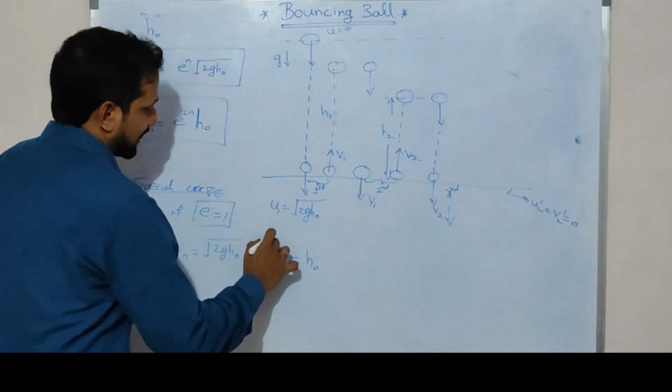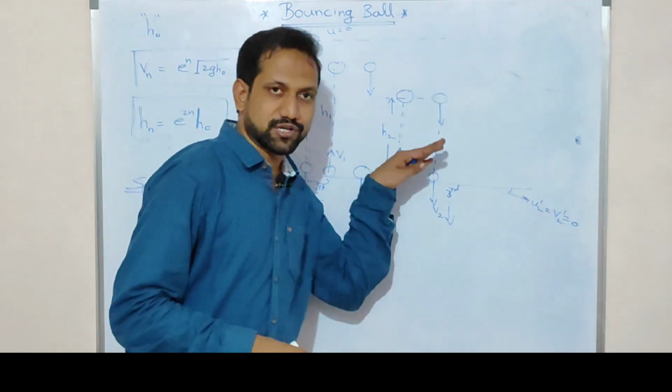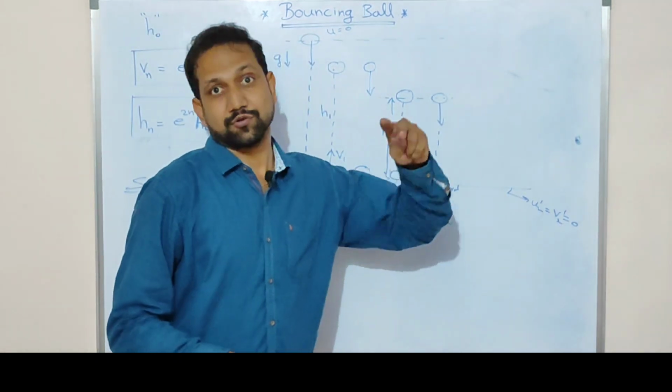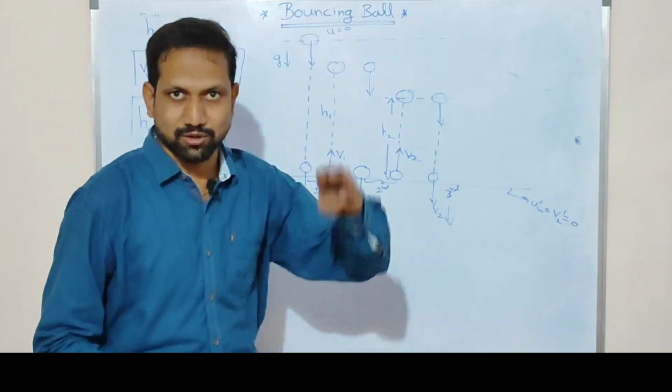So if the collision is elastic, then each time it bounces from the floor, it will attain the same speed, and every time it will go to the same height and again come back.